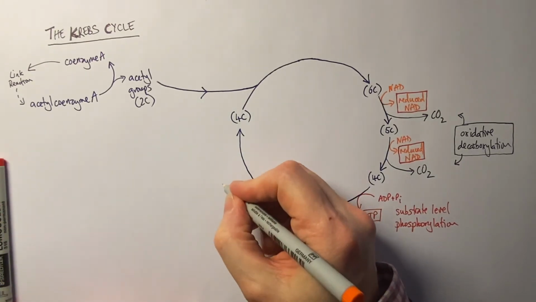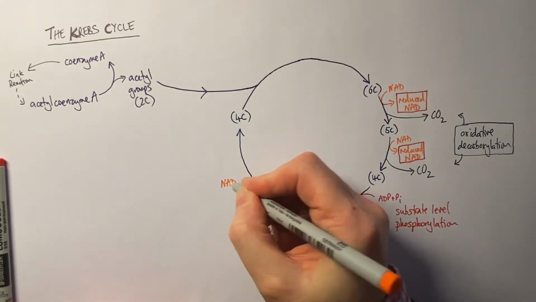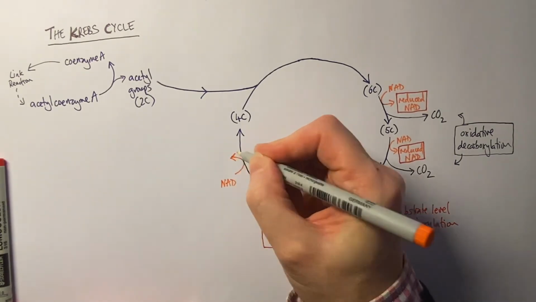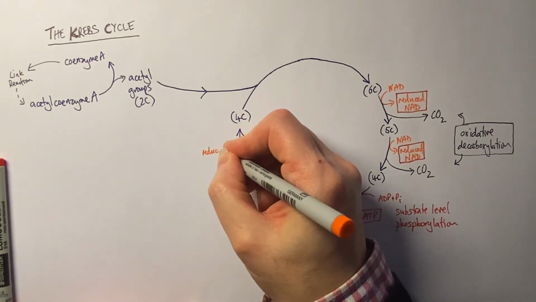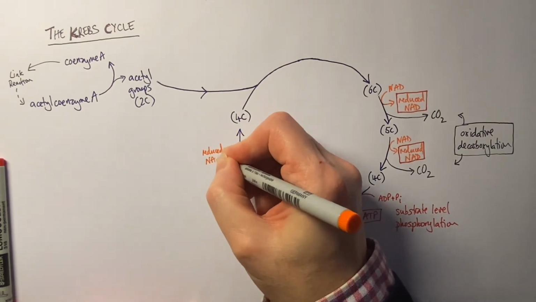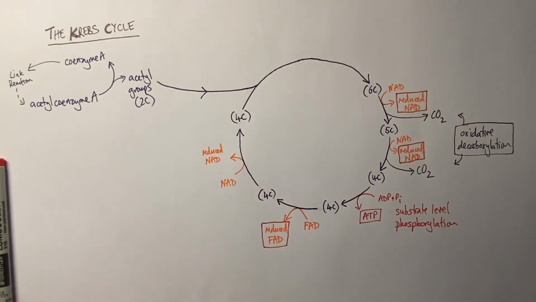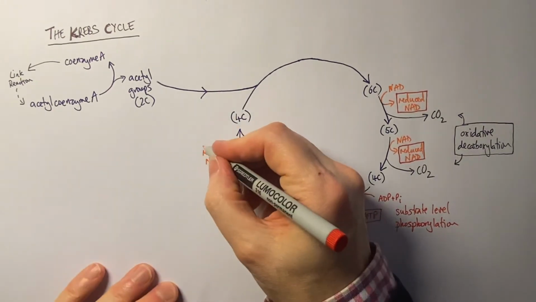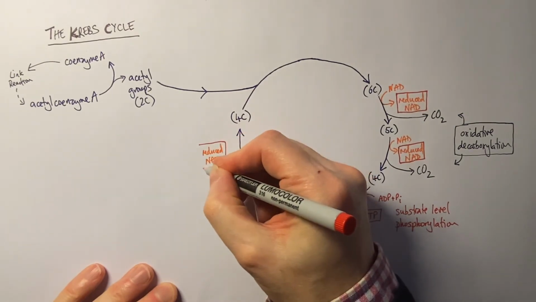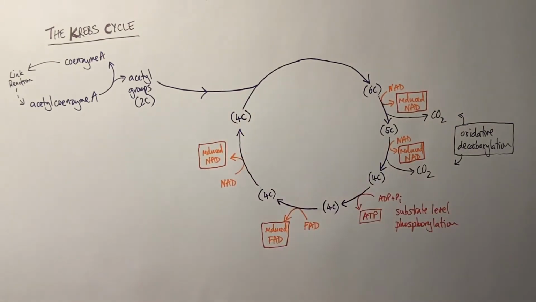And then at this point, NAD can come back in, so we can form reduced NAD. And that, of course, is important for later on. And that is the Krebs cycle.